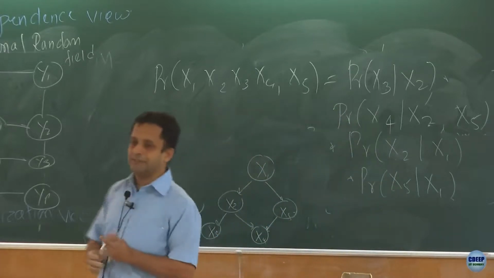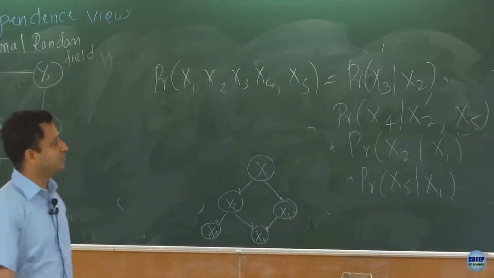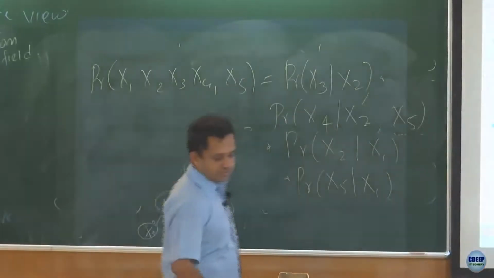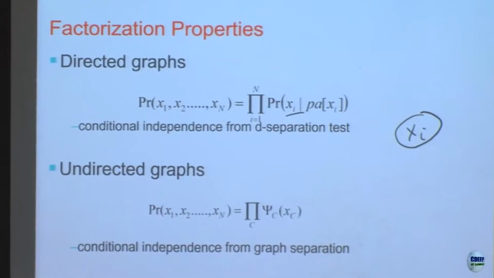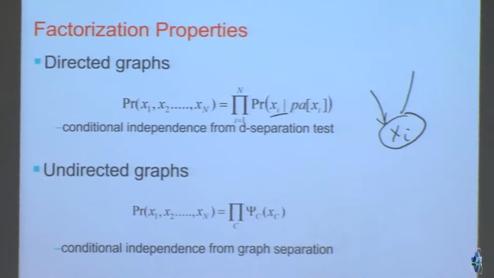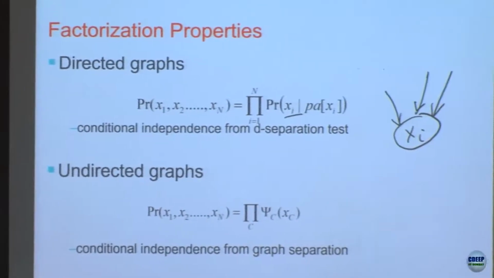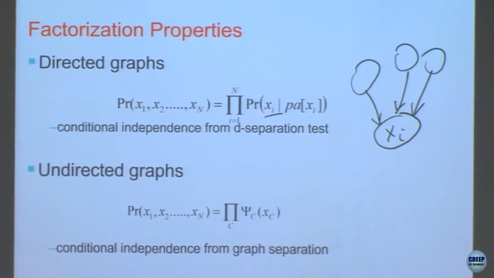That is how you specify the joint distribution for directed graphs. So the probability of a node xi given all its parents, we call them PA(xi), that's all that matters in a complex graph.